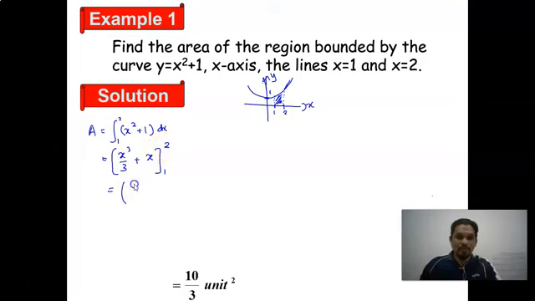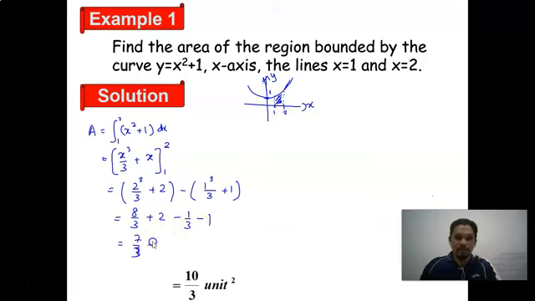So 2 cubed divided by 3 plus 2, minus 1 cubed divided by 3 plus 1. 2 cubed equals 8 over 3 plus 2, minus 1 over 3 and minus 1. 8 over 3 minus 1 over 3 is 7 over 3. 2 minus 1 equals 1, make this 3 over 3.